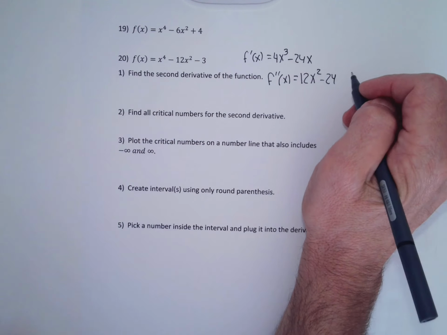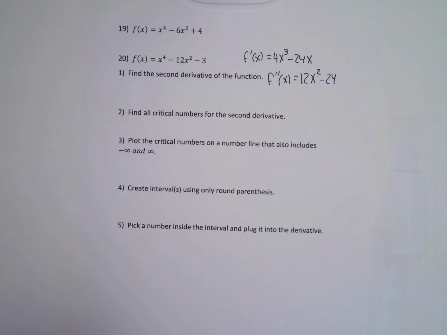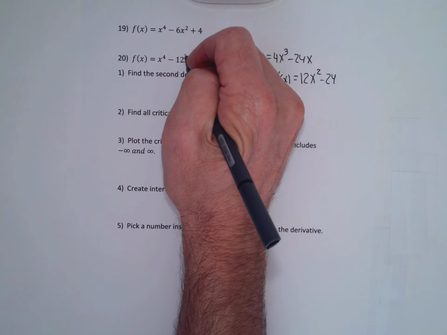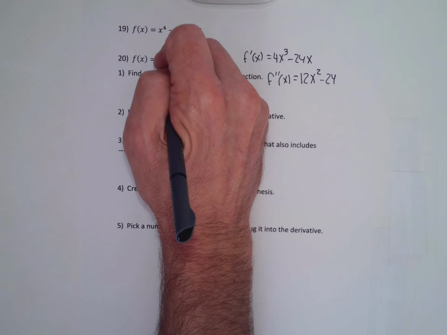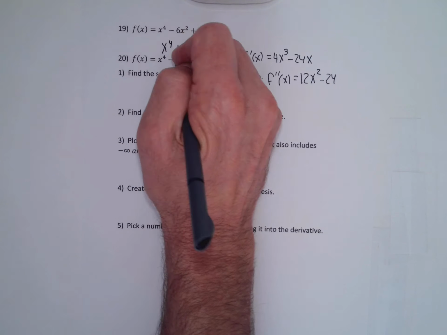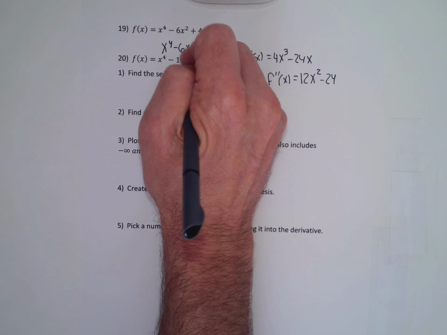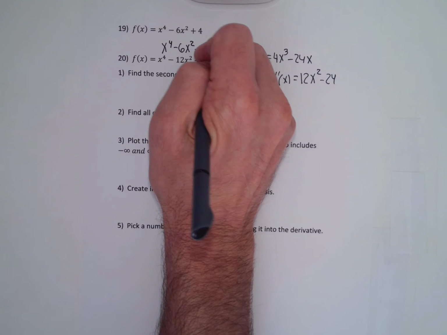This is troubling. Really? I think I have a mistake on my answer. 4x cubed minus 24x. Let me change this problem. Otherwise, the math is going to be ridiculous. Let me change it to have the same minus 6x squared as yours. Let me change this, sorry, to x to the 4th minus 6x squared minus 3.